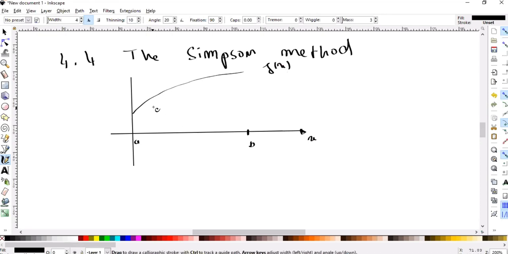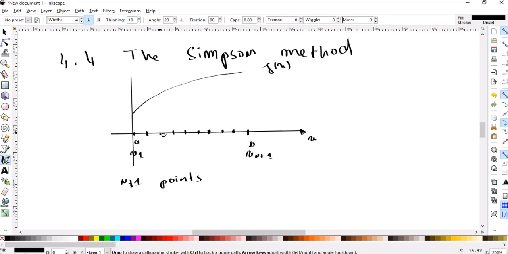And we have, like before, n sub-intervals and n plus 1 points. So this would be my point x1, and this would be xn plus 1, and a equals x1, b is equal to xn plus 1.